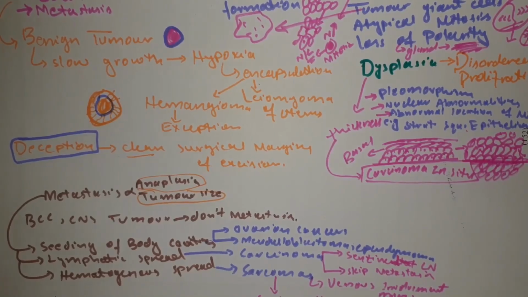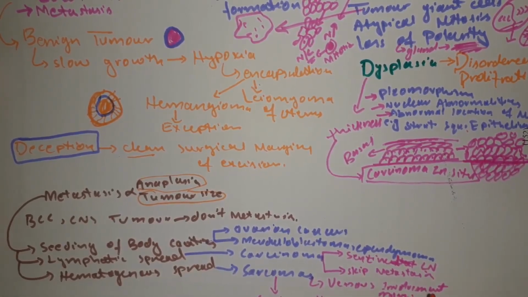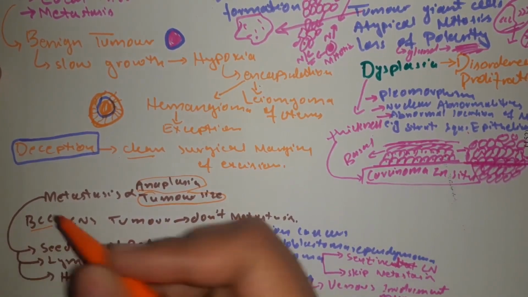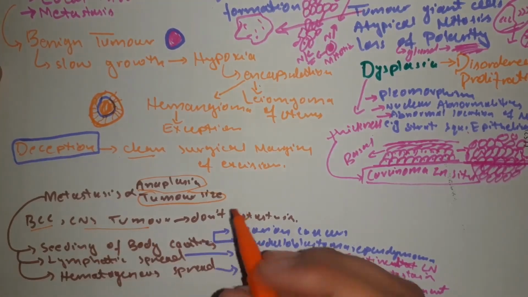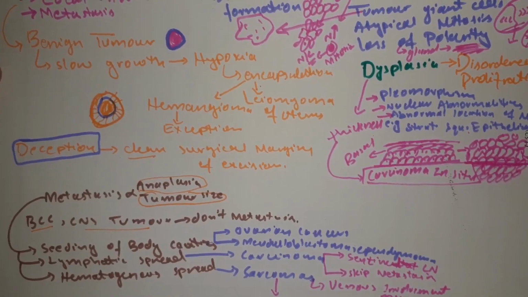Some malignant tumors, however, don't show metastasis. They spread locally, for example, basal cell carcinoma of skin and CNS tumors. They are locally destructive, locally expanding and destroying local tissue, but don't show metastasis. Now we come toward the principal routes of metastasis. How does metastasis occur?